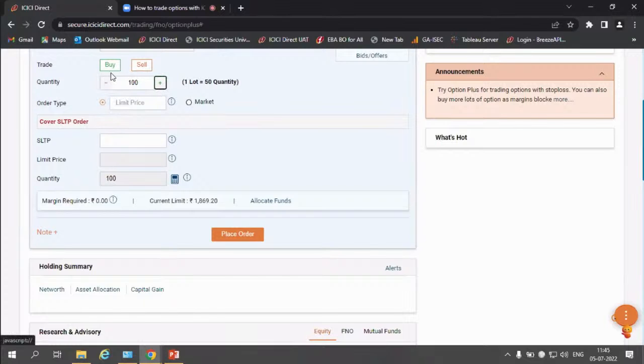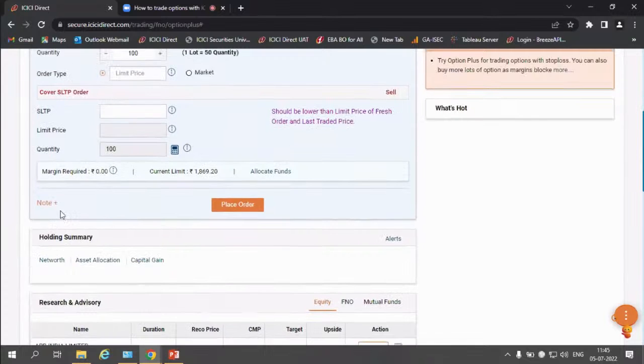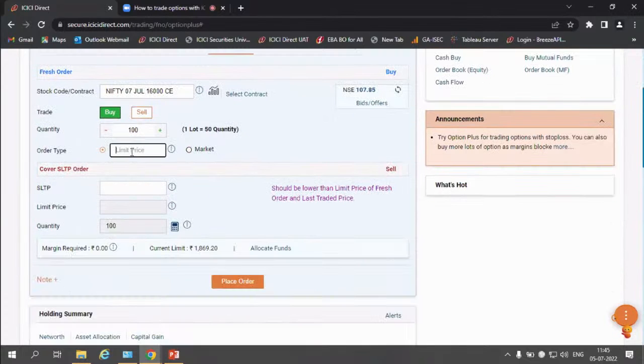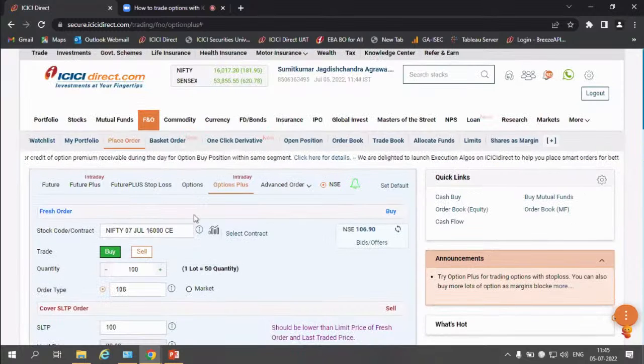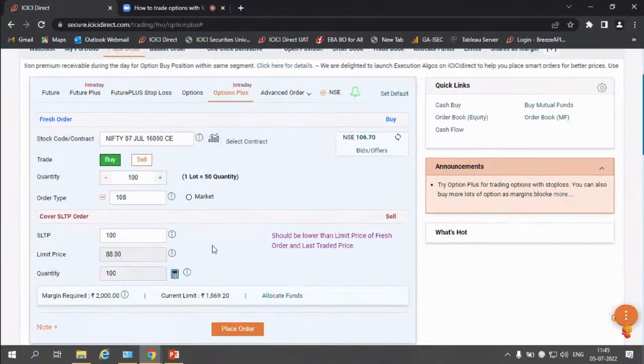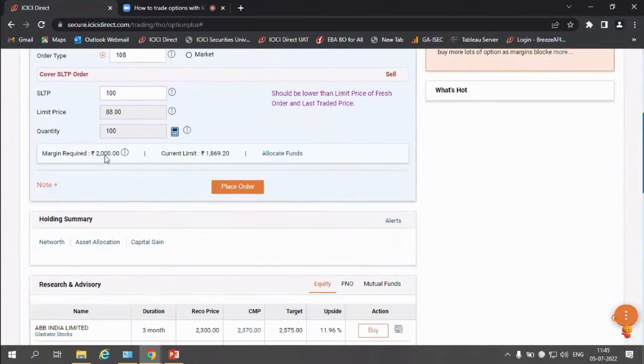Oh sorry, I haven't clicked on buy. With a limit price of 108, you can see 100 quantities, margin required is 10,800. But if I put a stop loss over here of 100, the limit order is calculated automatically based on a certain percentage, and the margin required is only 2,000 rupees. That is what you need in your account.